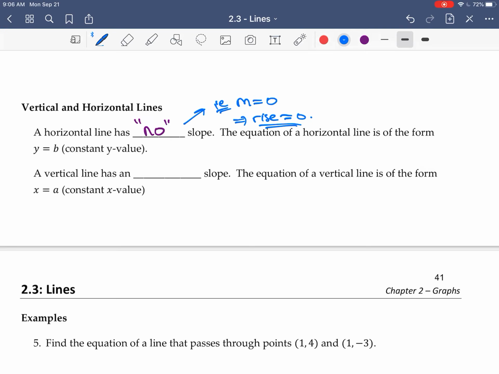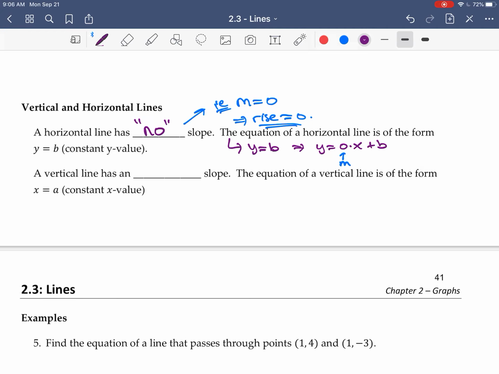And then there's a form, y equals b, so that's the constant y value. And this one is actually in slope-intercept form. So y equals b is the same as y equals 0 times x plus b, where m is your 0. 0 times x means the x disappears. So you can write that one in slope-intercept form. There is a slope, it's just 0.